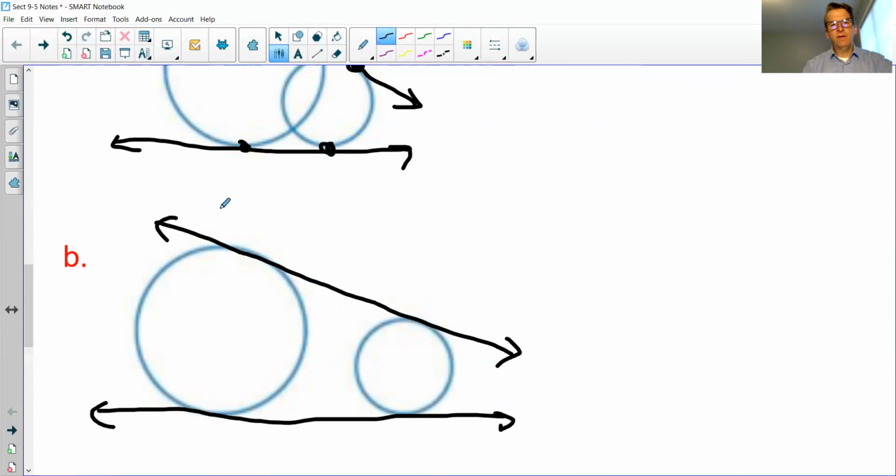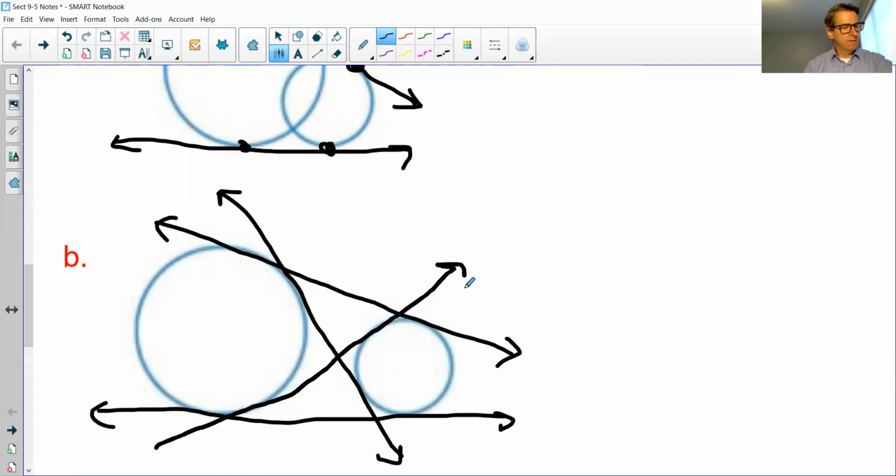We've got one kind of going down like this. Got the spot there, and the spot there. And likewise, we're going to go this way. So that'd be letter B.